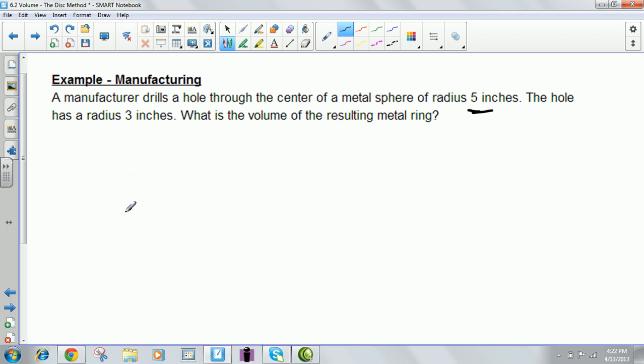So I'm going to try to draw this. Don't laugh. Okay, that's our hole. And then our sphere, like that. And then out of here you have your x-axis, so that's your x-axis.